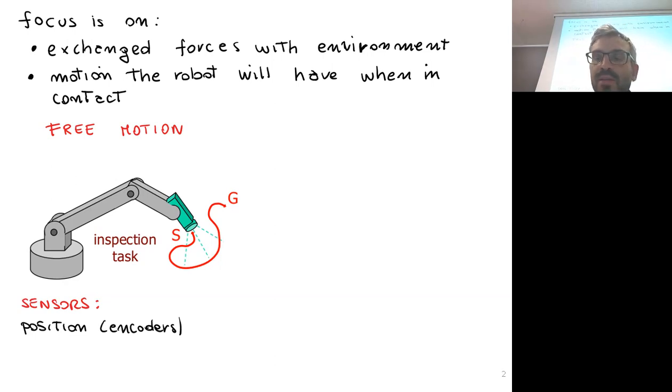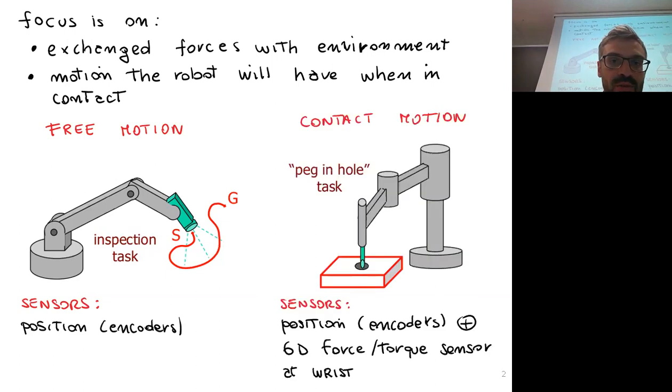We saw that they enter in the Lagrangian on the right-hand side as non-conservative forces. We have position encoders to read the joint position, but now we might have also a force sensor at the end effector, and we are considering the situation when the robot is in contact with the environment. And we want to describe the dynamics whenever the robot is in contact.